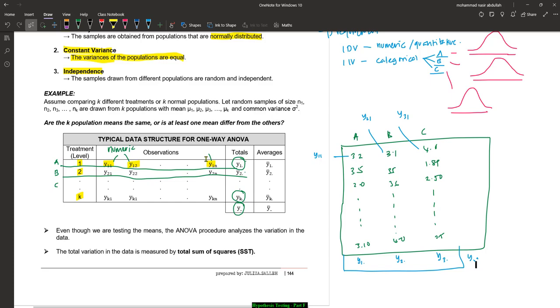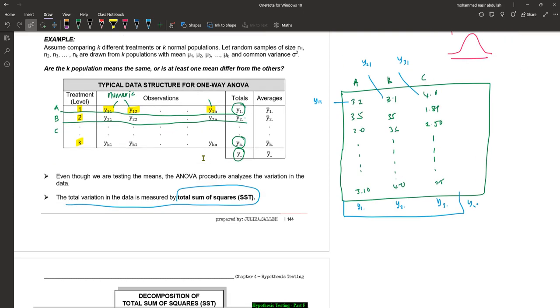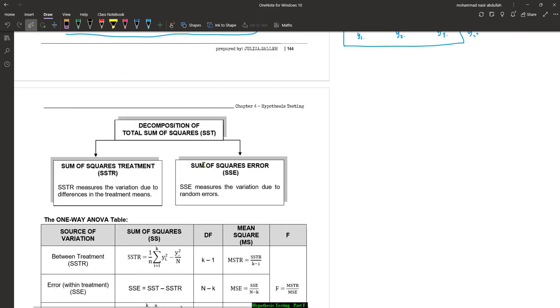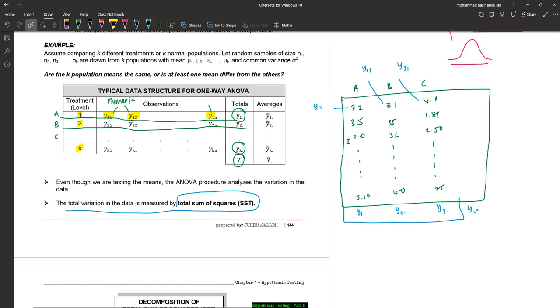It's a bit complicated compared to independent sample t-test because we have more than 2 groups. So the total variation in the data is measured by total sum of square lah. Kita tengok bawah. This is the one-way ANOVA table. So from the original data, this is the original data, right?